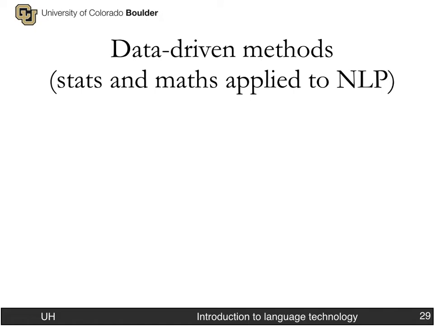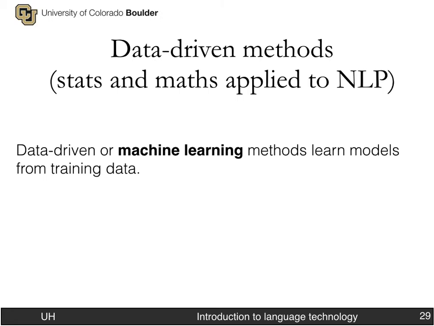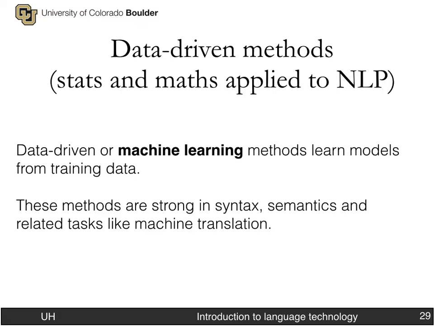Then we have the other side of the coin, that is data-driven methods or machine learning methods. And here we apply statistics and mathematics to learn models which can perform tasks based on training examples. And these are quite strong in tasks like syntax and semantics, where we don't have a good idea about how the linguistics actually works, and where people more often break the rules, so to say.